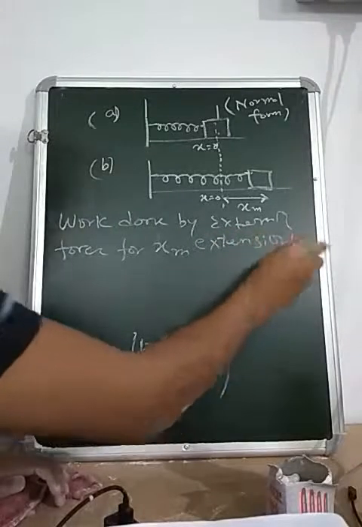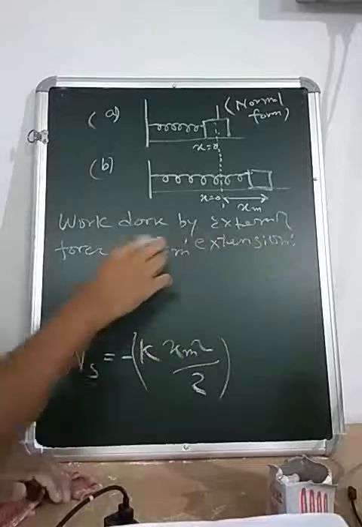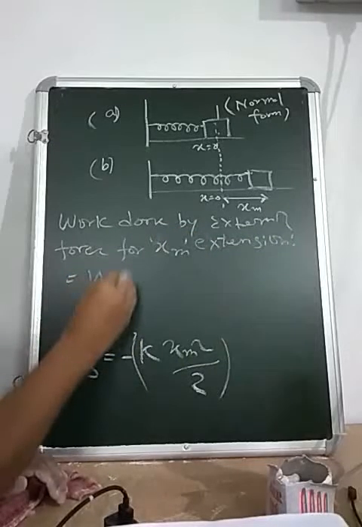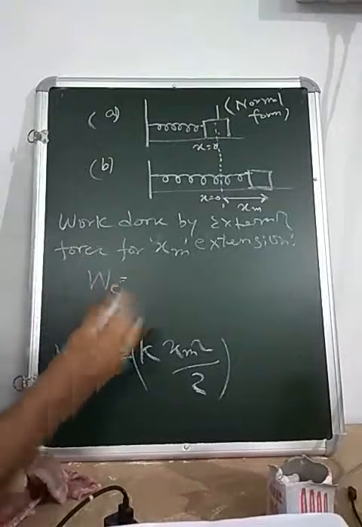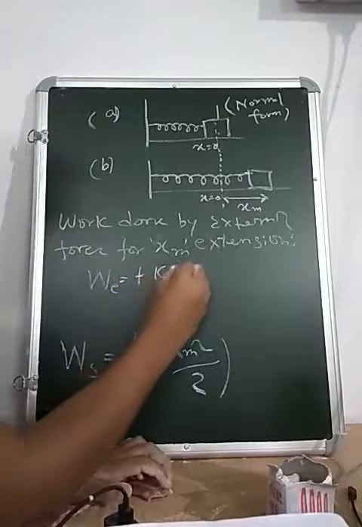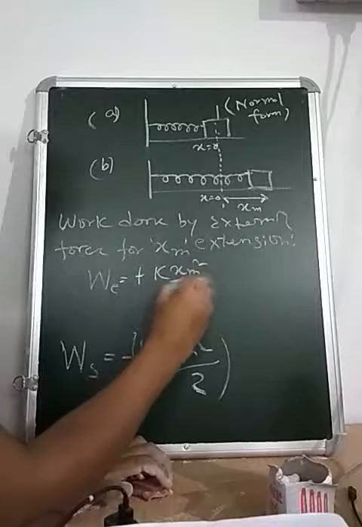Work done by external force for this much extension of the spring will be how much? I am writing this W_E. It is plus k xm squared by 2.